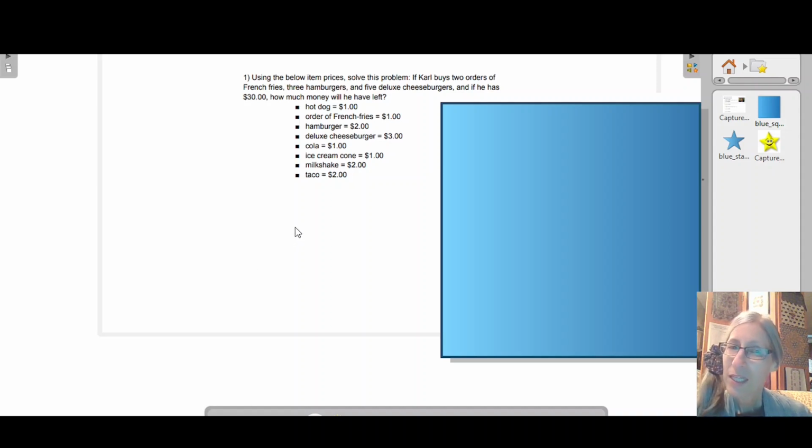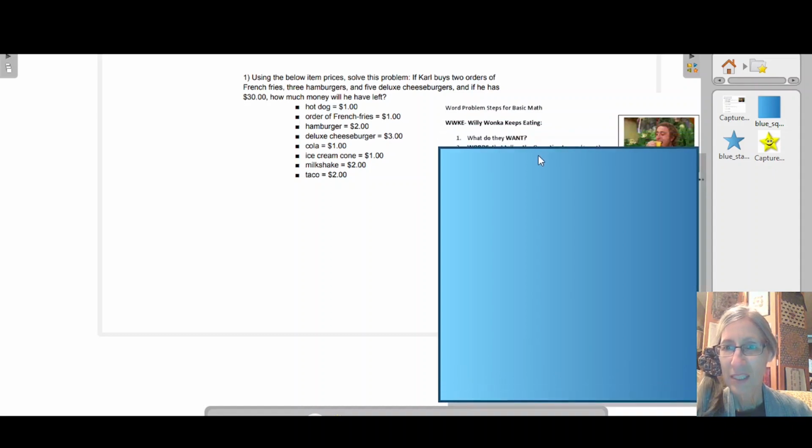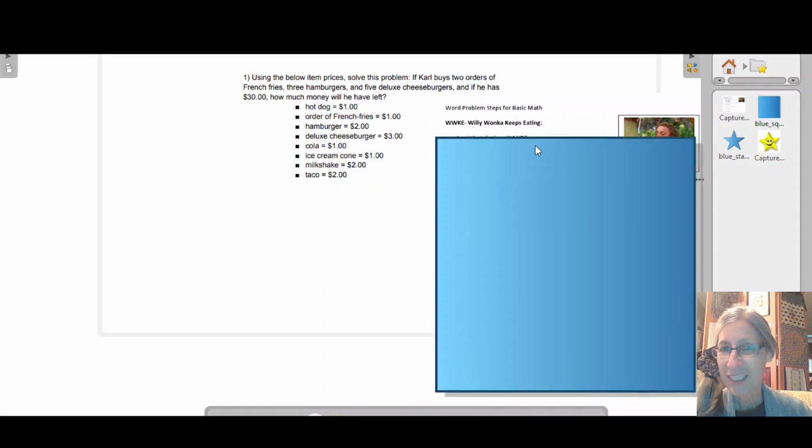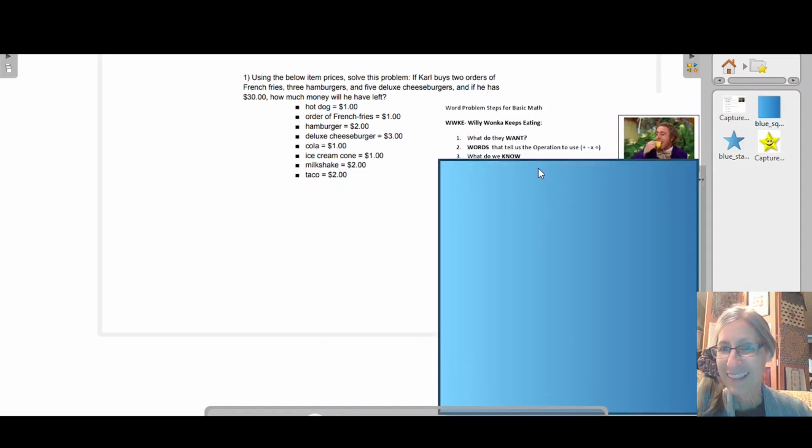So as we look at this problem and we see all of these items, we see their prices, we're going to come up with a little process to go ahead and solve this systematically. And you'll use this technique in a lot of word problems. So I'll go ahead and unveil it. And you see Willy Wonka keeps eating.